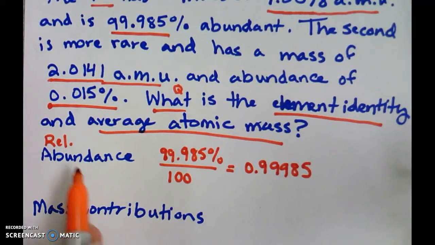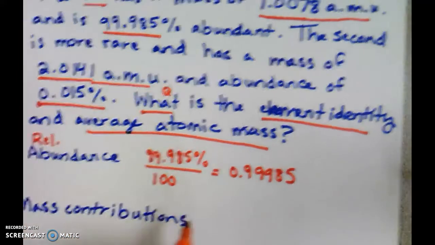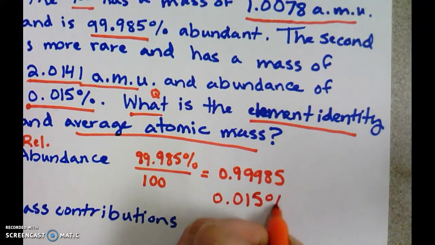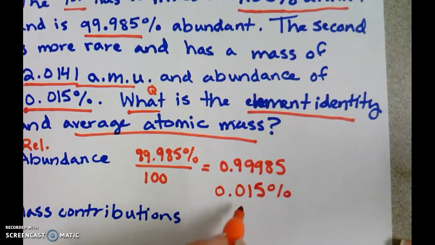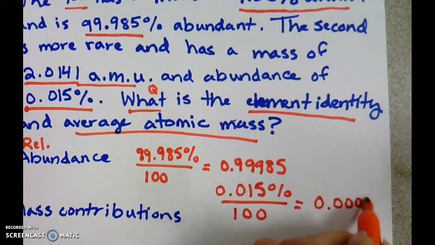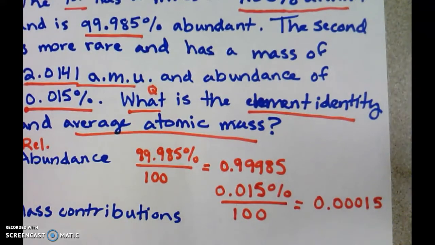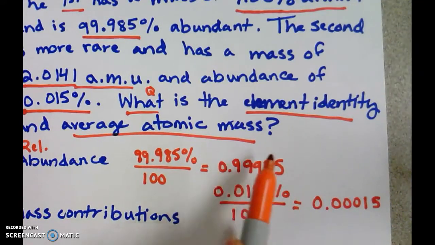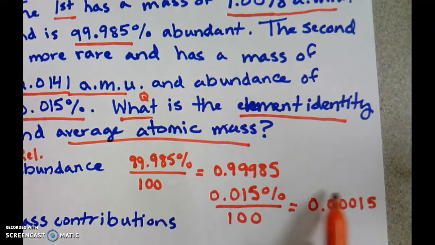It was 0.015% abundant, so if we divide that by 100, its relative abundance is 0.00015. Okay, super tiny number. Alright, just looking at this, which one is more abundant, which one is going to affect our average atomic mass more? This is a bigger number, so this one should affect our average atomic mass more than this isotope.